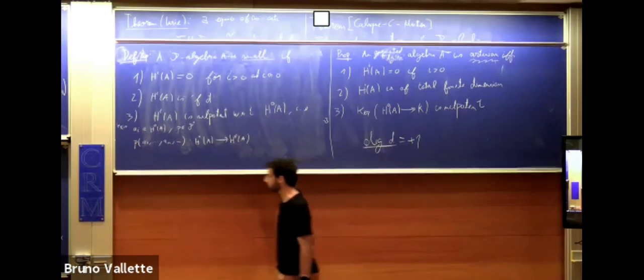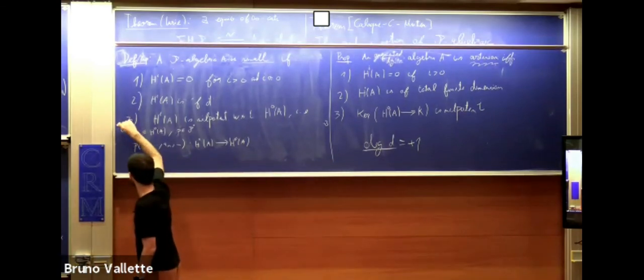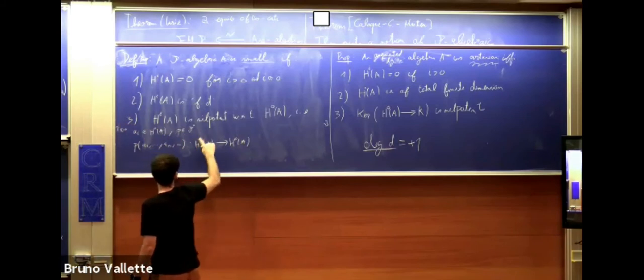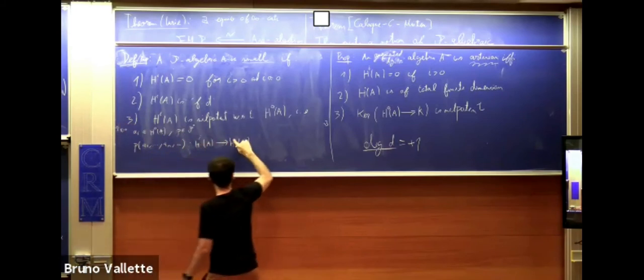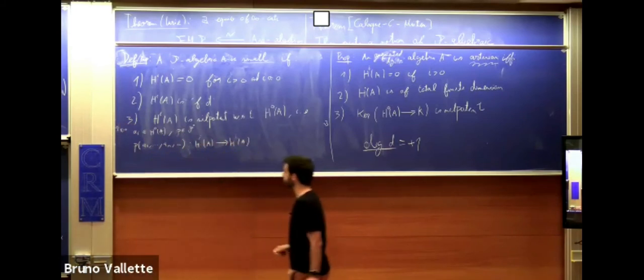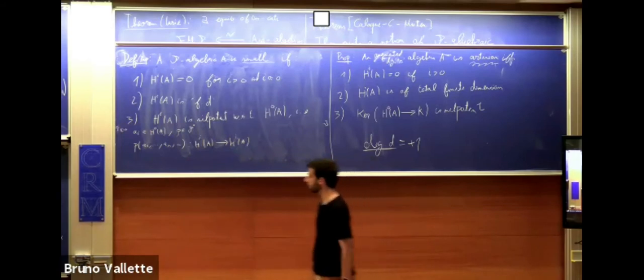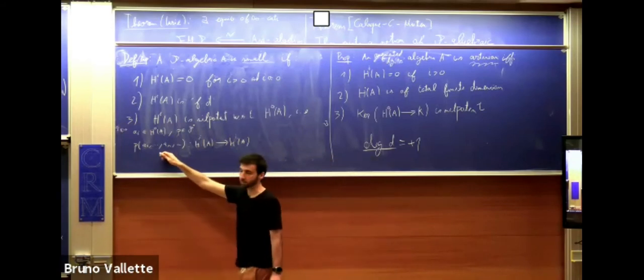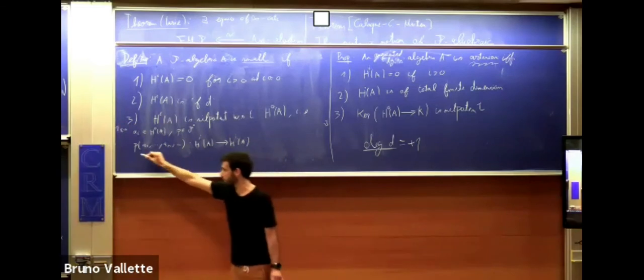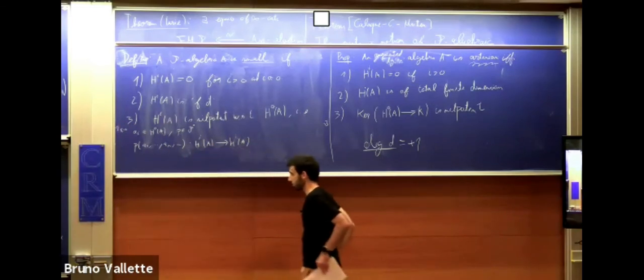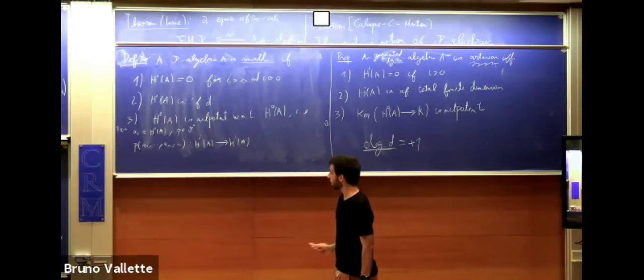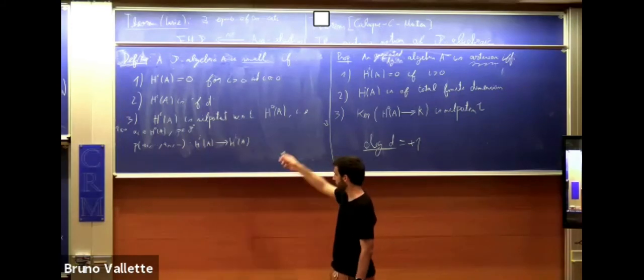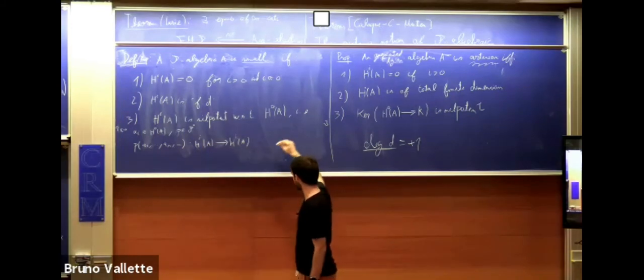This operation has degree 0, so it sends H_i to H_i, for all i. So iterations of this are eventually 0.